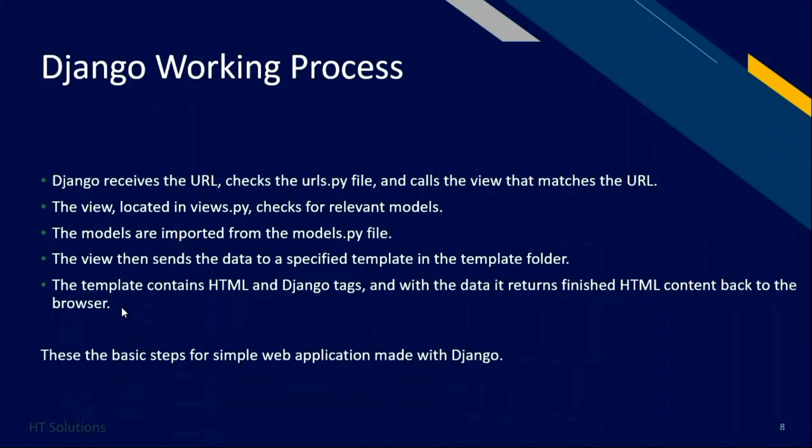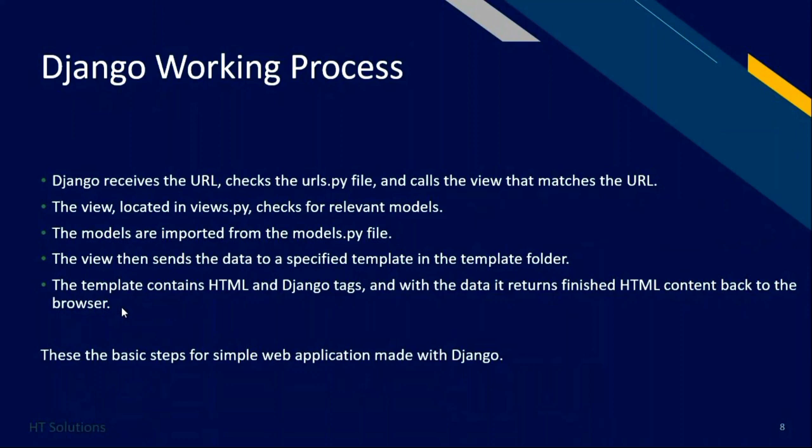to the specific template in the template folder, and the template, which contains the HTML and Django tags, with the data returns the finished HTML content back to the browser.